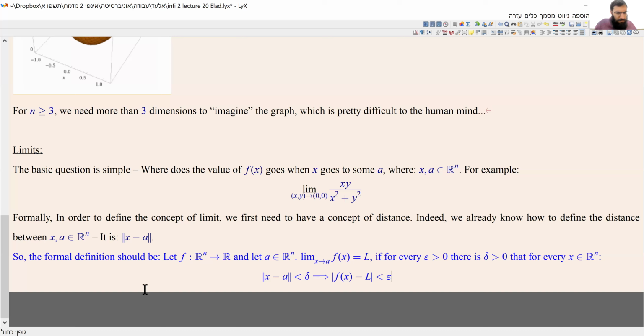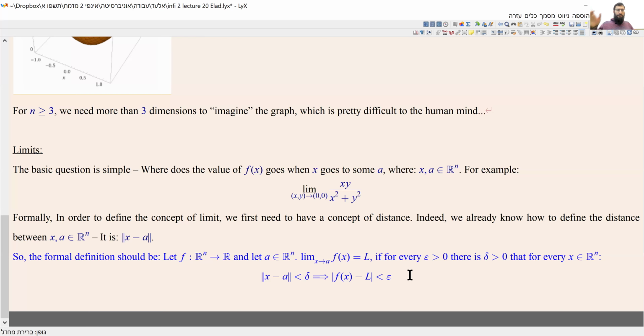You know what? Let's give up for now, at least, on the phrasing using sequences. But what do we actually do? Actually, tachlis, I would say in Hebrew. What do we know in one variable?